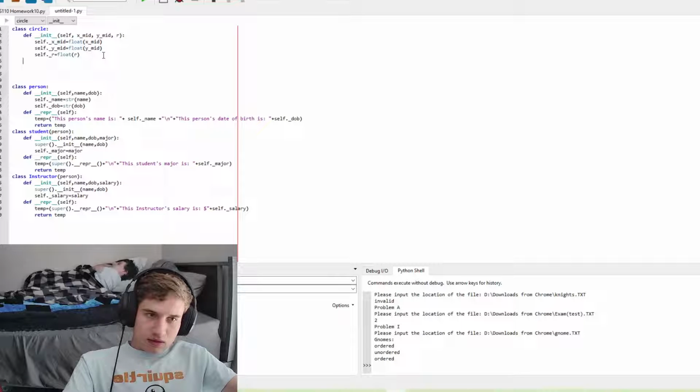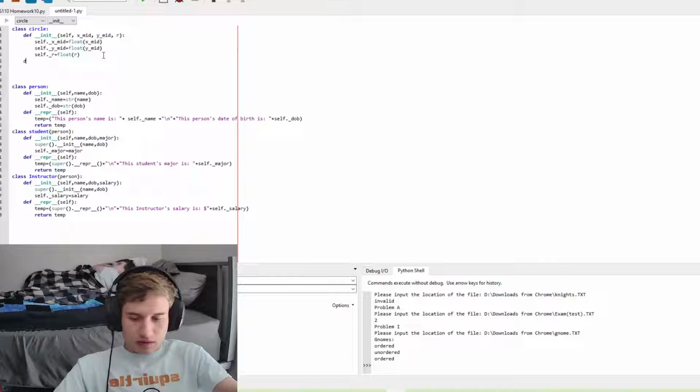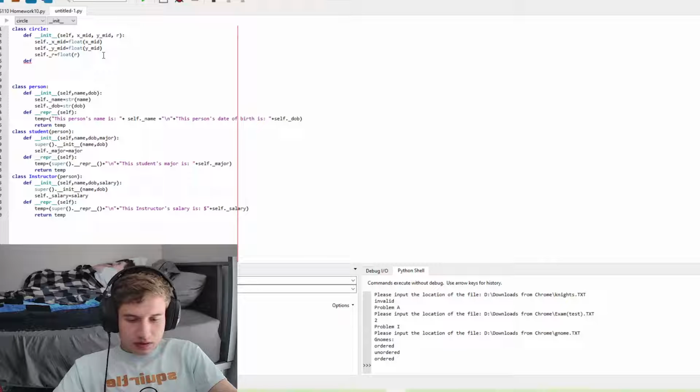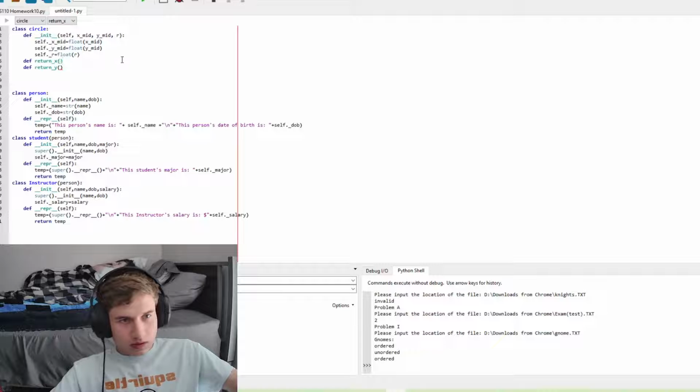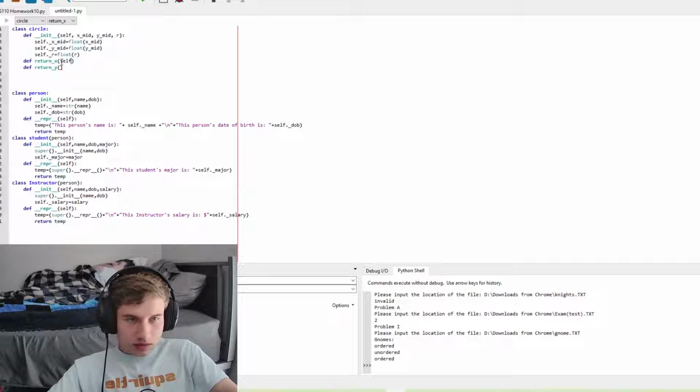I think all I want to do after defining a circle is a way to return the values. Definition of return x, y. I think I need self.